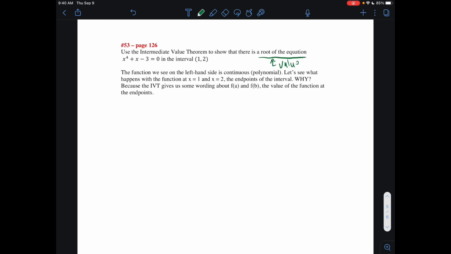So a value where, and we could call this f of x equal x to the fourth plus x minus 3, is equal to 0. So another thing that's implied by that is this is a place where the function crosses the x-axis.